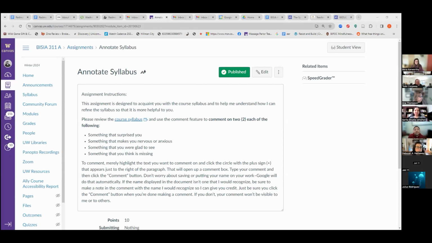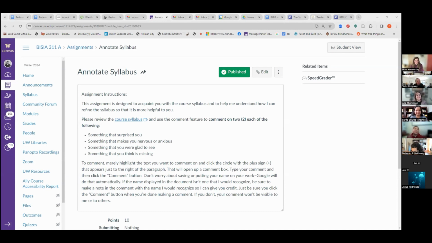So basically, what the assignment is, and I'll just give some background, is that as a student, I really hated when I went into the class the first day, and this happened to me several times, and the teacher would just read the syllabus to me word by word, because I felt like I could read it. It felt like a waste of time.